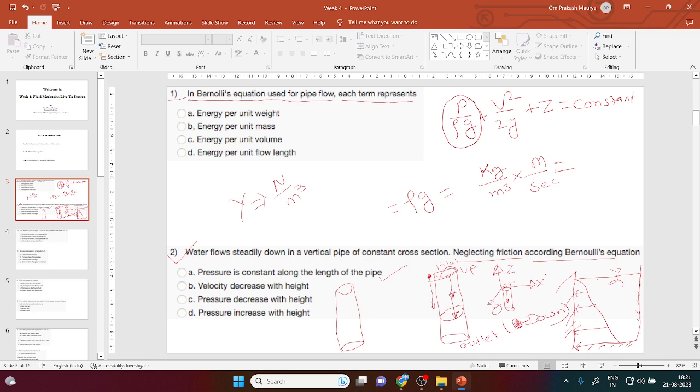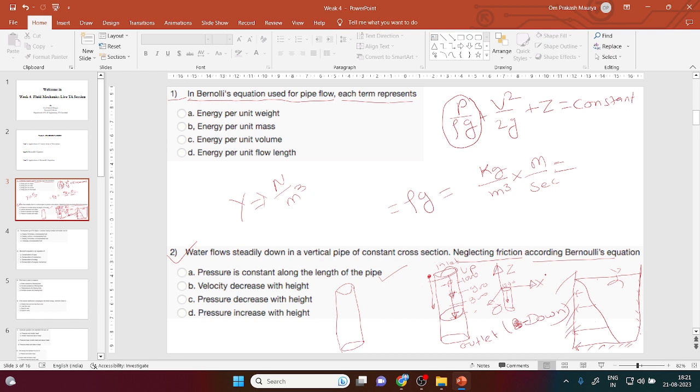Water flow is only possible when the inlet pressure is higher as compared to the outlet pressure. So as height increases, the pressure decreases. Let's assume here the pressure is 1000, at that location it will be 900, at that location 800.